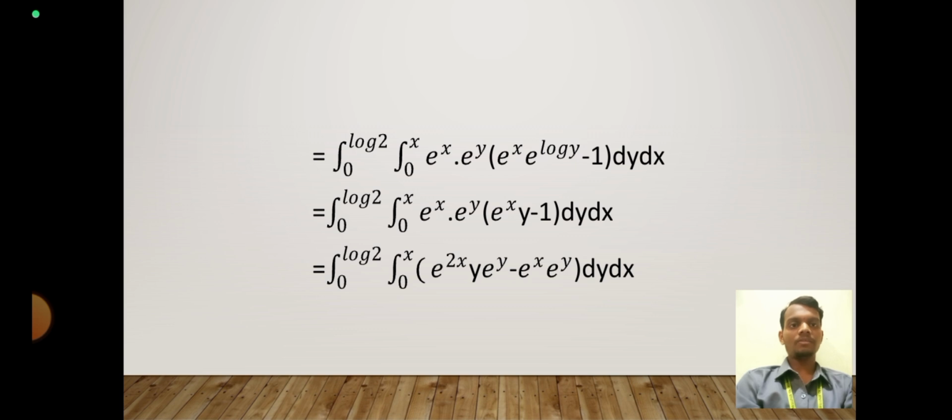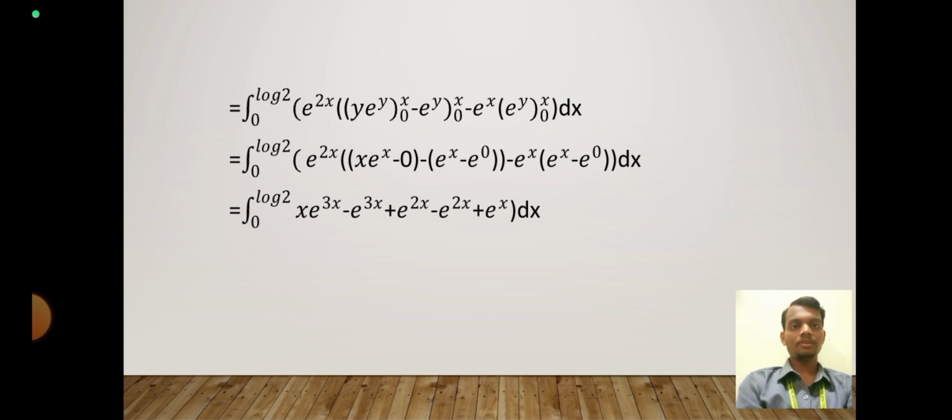Integral 0 to log 2, integral 0 to x, e power of 2x y into e power of y minus e power of x into e power of y, dy dx. Integral 0 to log 2, e power of 2x y into e power of y from 0 to x minus e power of y from 0 to x minus e power of x into e power of y from 0 to x, dx.